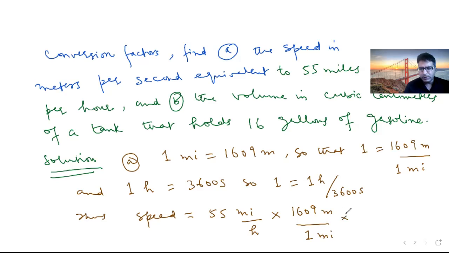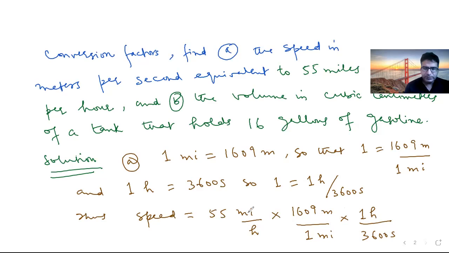And another 1, 1 hour over 3600 seconds. We're simply multiplying by 2 ones, right? 1609 meter over 1 mile is 1, and 1 hour over 3600 seconds is 1, right? See what happens. It is very easy.